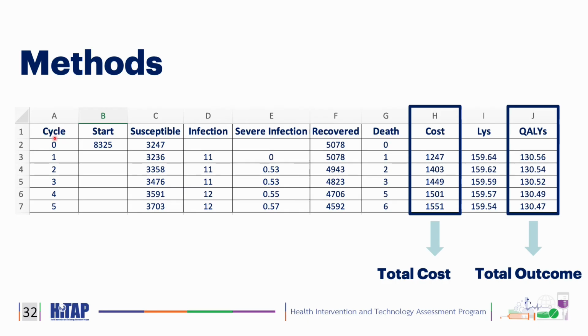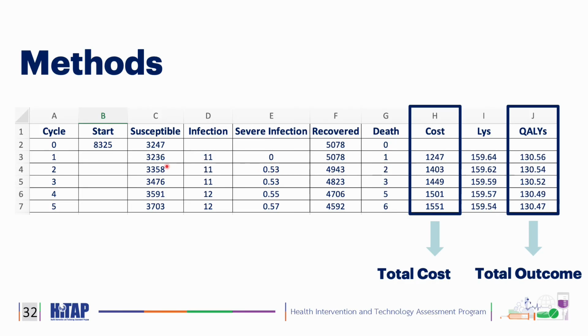For the cycle length, we set the cycle length in our study at 7 days, which means that every 7 days, a patient can turn into another health state. So starting from here, around 8,000 patients can turn into the susceptible stage, around 3,000, and the recovered stage, around 5,000. Then 7 days later, patients from the susceptible stage can turn into infection, severe infection, recovered or death.